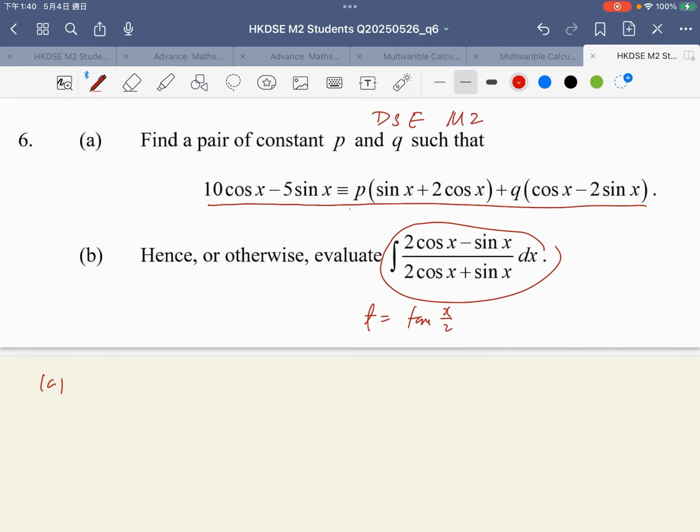Okay, for part 1, first I expand this one. We group the terms into one term of sine and one term of cosine, so that we can compare the coefficients of sine and cosine to get the answers of P and Q from the left hand side and right hand side.